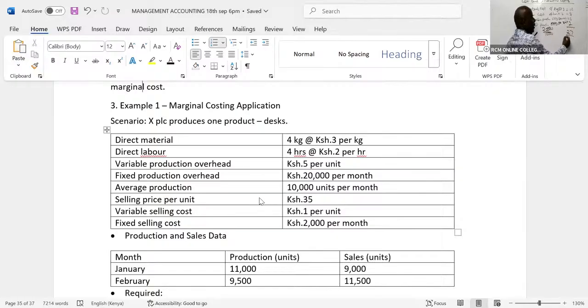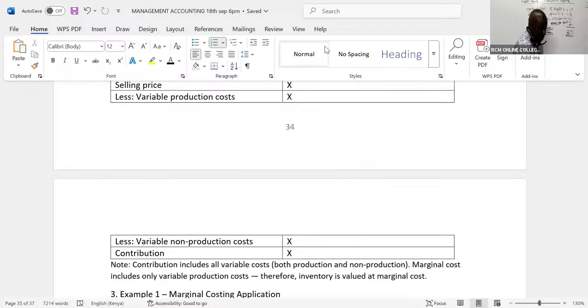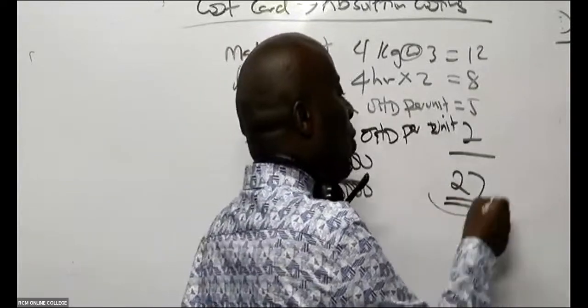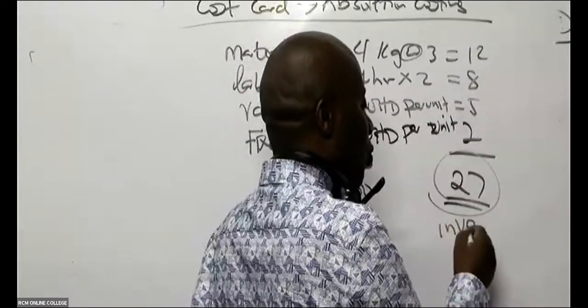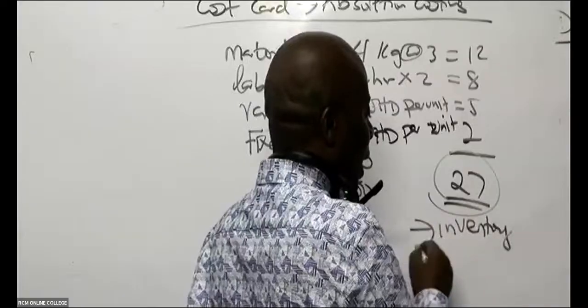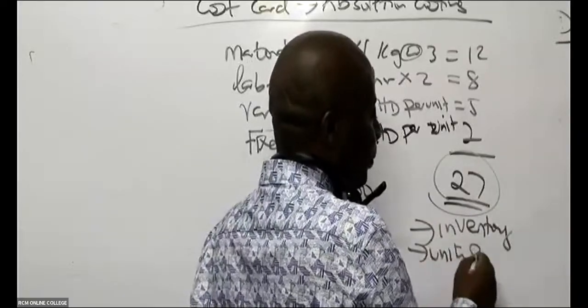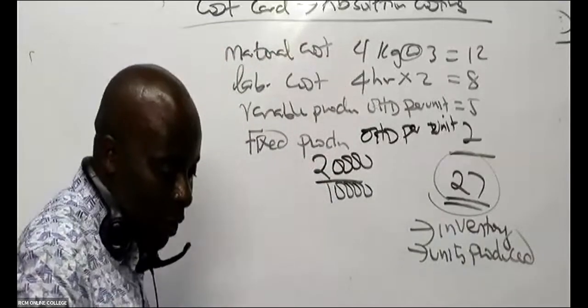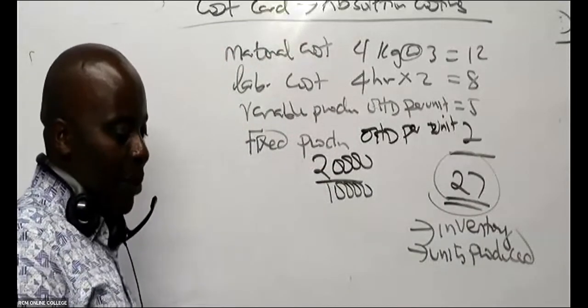At the end of the day, we see a figure of 27. This 27 is what we shall use to value inventory and to value units produced.